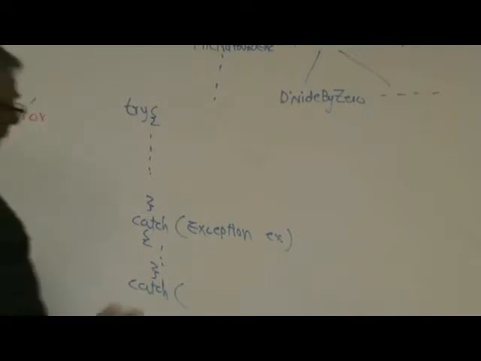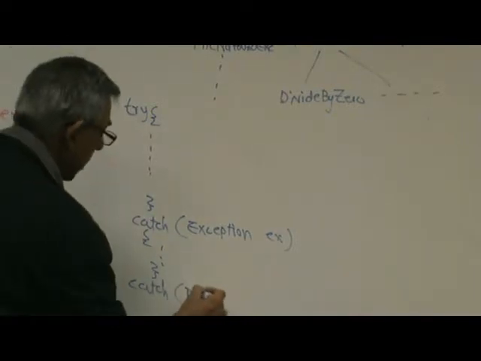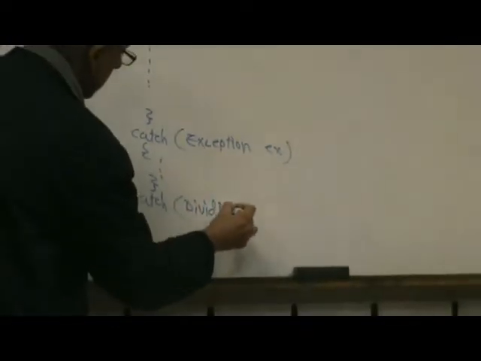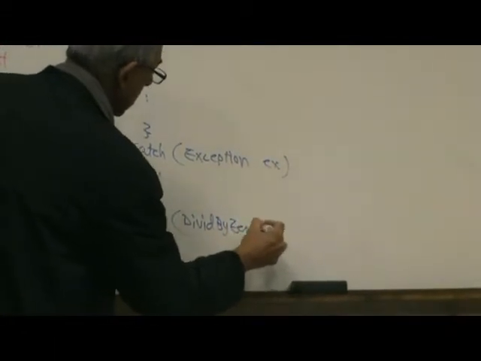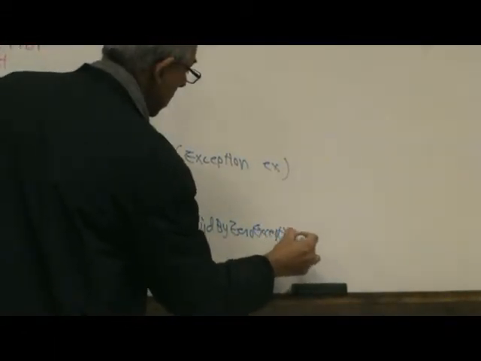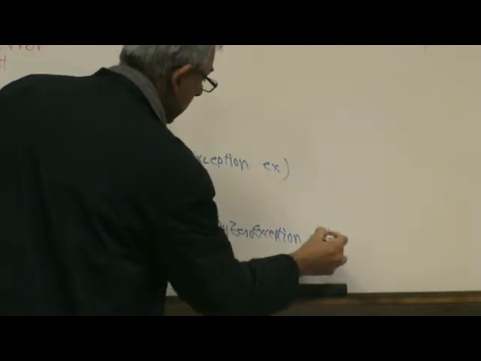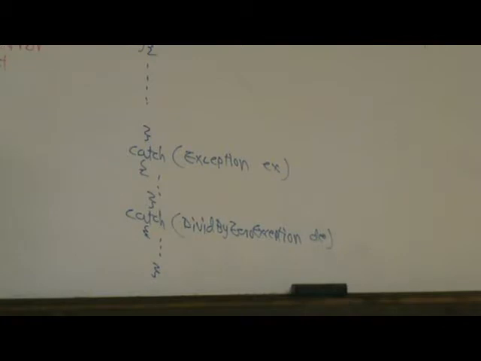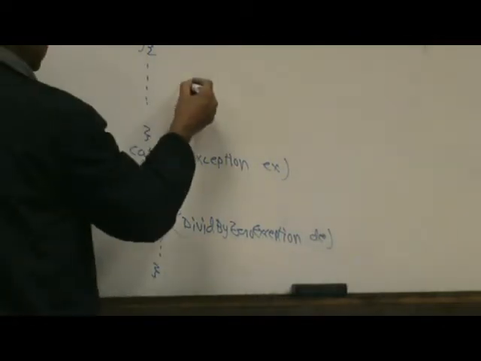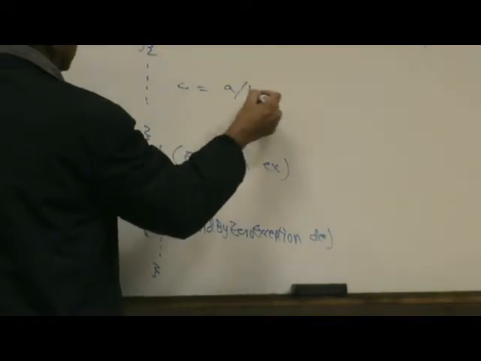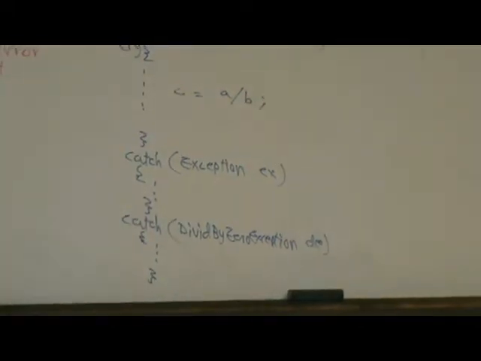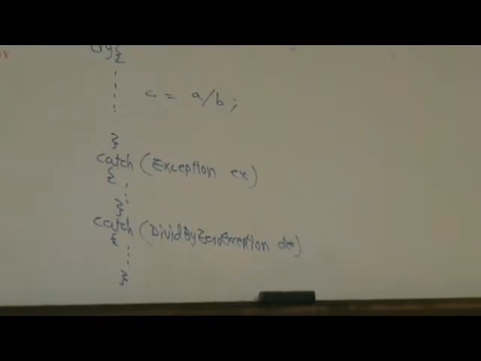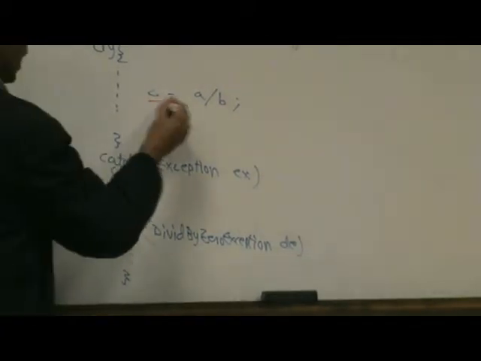You can say catch, let's say, DivideByZeroException DE, and there could be more catches over here. So let's pretend somewhere over here you were doing C = A / B, and B happened to be 0. So what will happen?